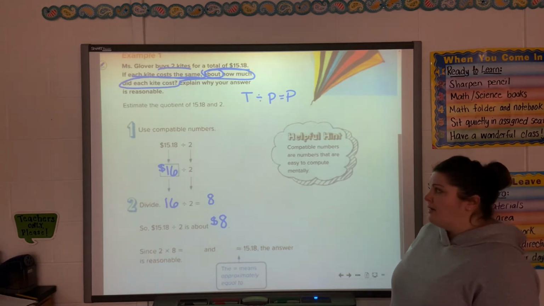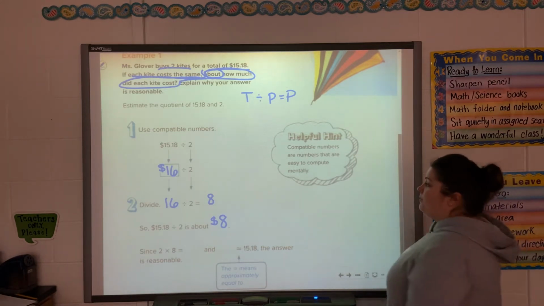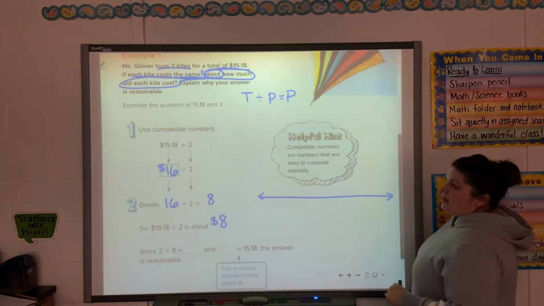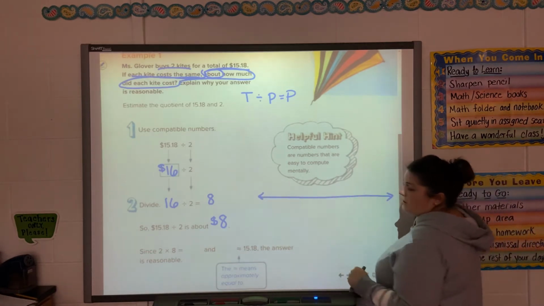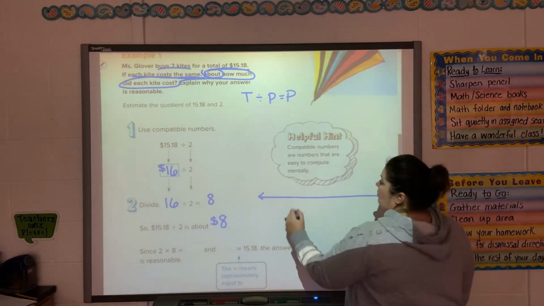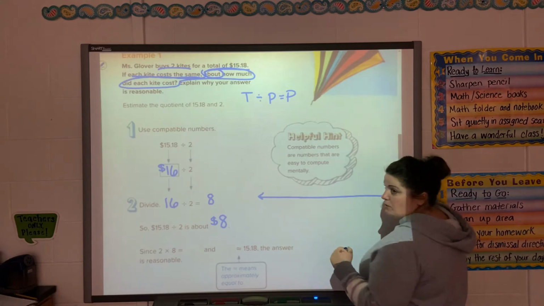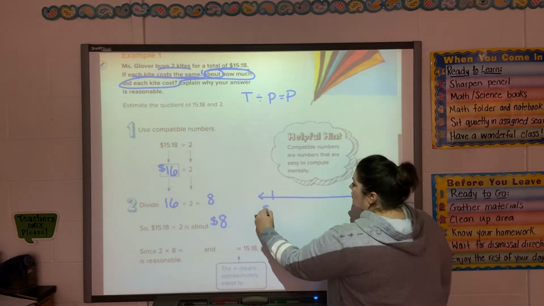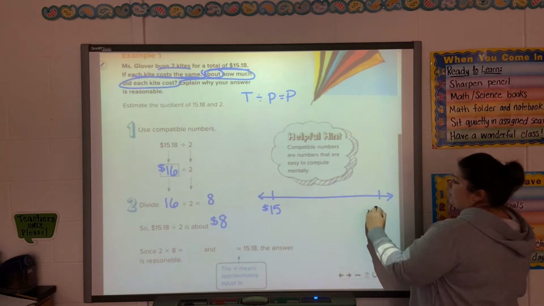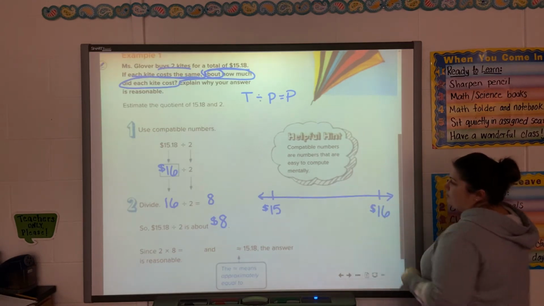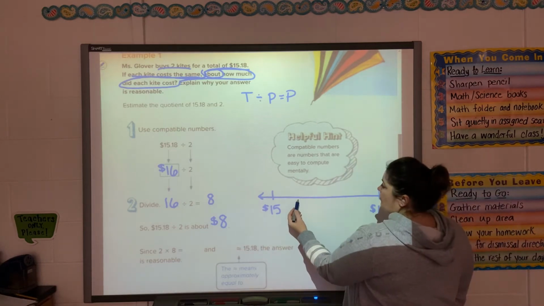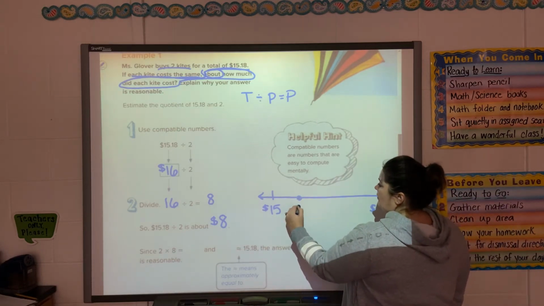Let's backtrack. Why did I pick 16? If I think of a number line, and I have $15.18 somewhere, what whole numbers is that near? Well, if I have $15.18, I can have $15, or the next amount would be $16. 18 cents would be about here.